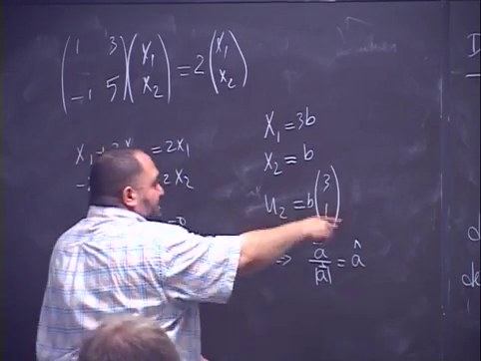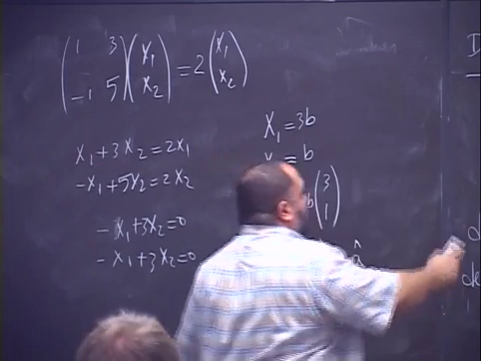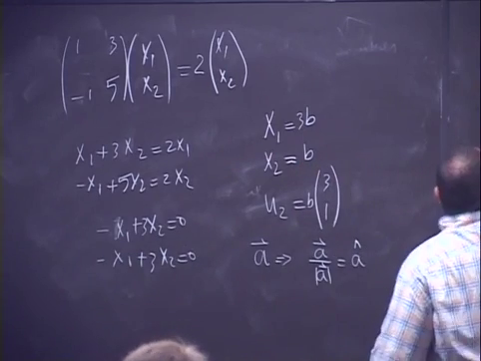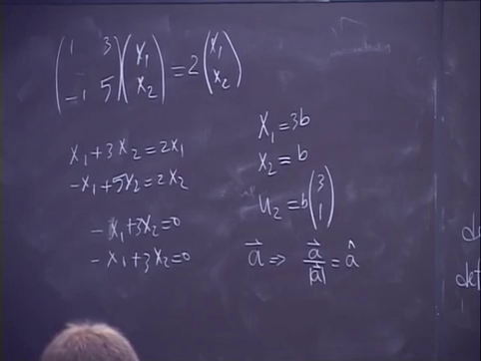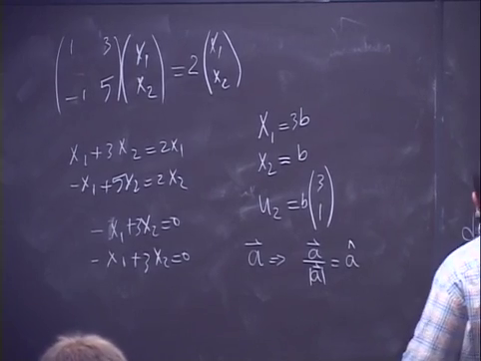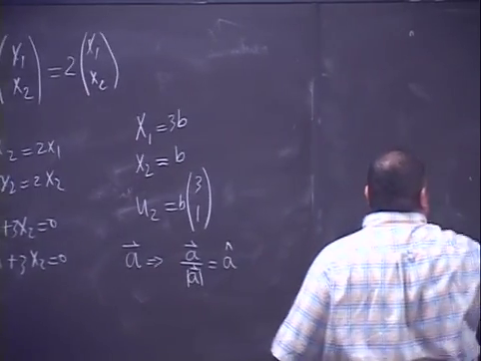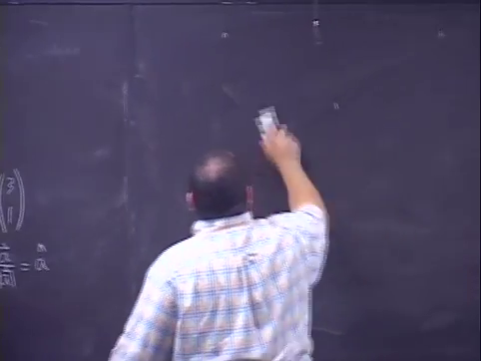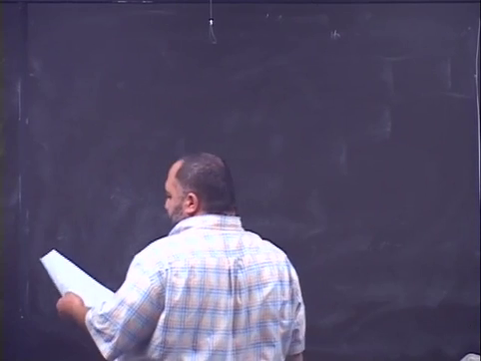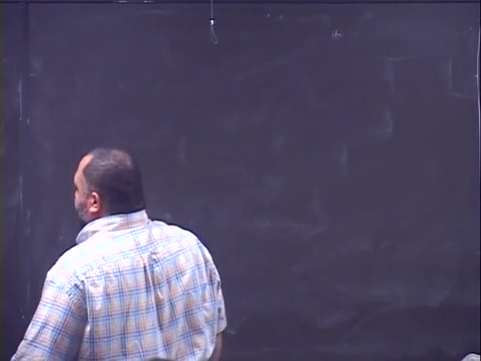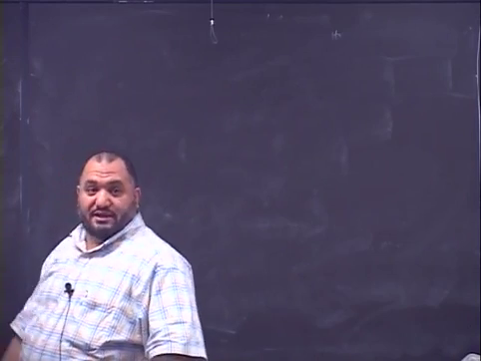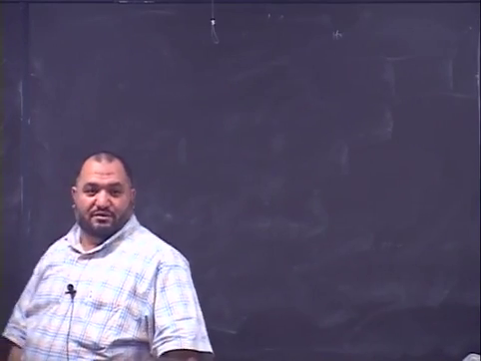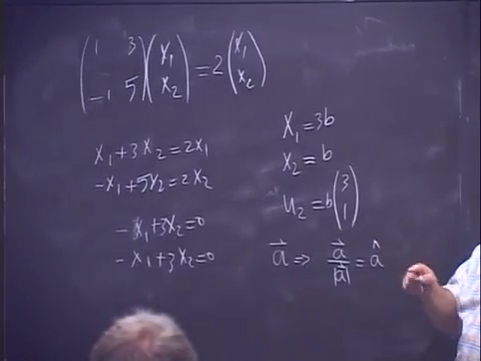So we can do this for those two vectors. How to normalize them? What's the amplitude of the first one? Square root of 2. And what's the amplitude of the second one? Square root of 10. 3 squared plus 1 squared is 10, but you have b squared in front, which is b square root of 10.